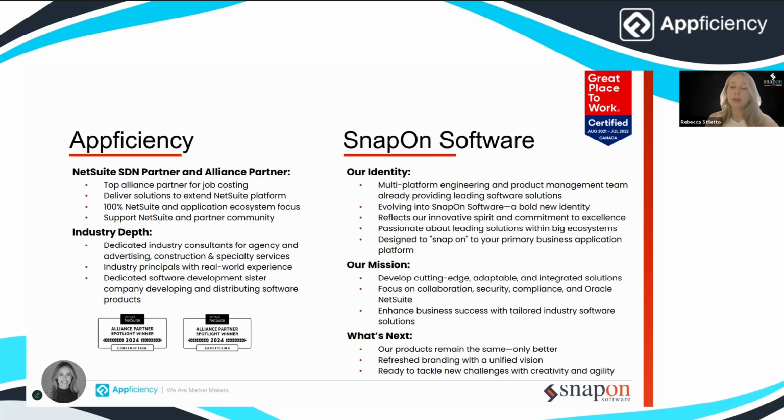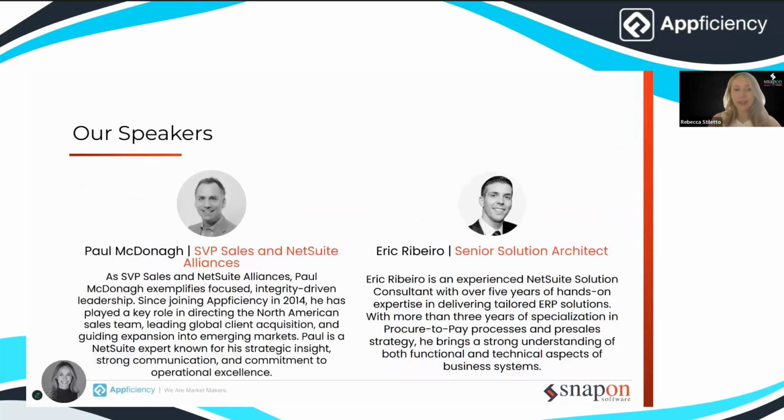Basically, we are focused on building integrated tools with NetSuite, and having the sister brand allows us to innovate faster. We've got an entire team behind it, and it's very exciting. Going forward, App Efficiency will remain our consulting service arm, while Snap-on Software will continue to become our product innovation arm. So the same great solution, but now with a sharper focus.